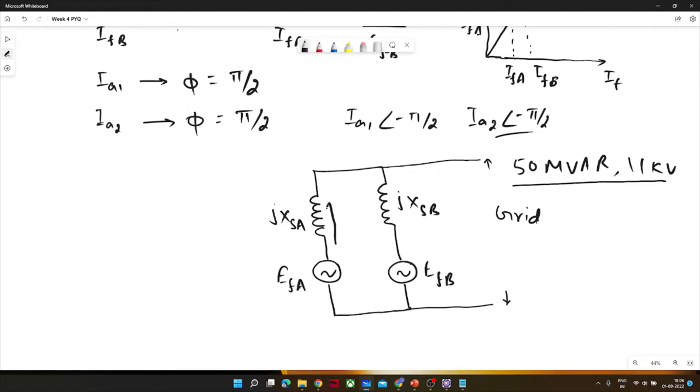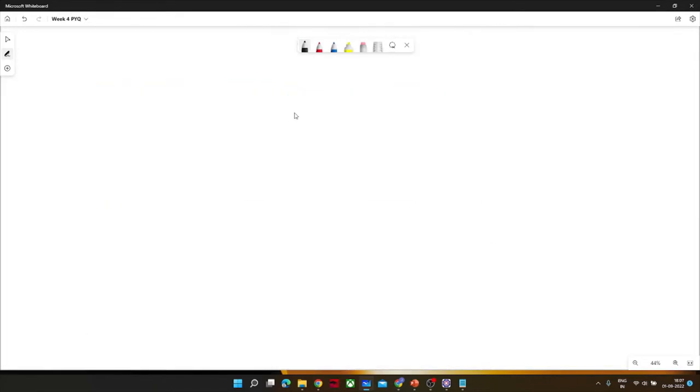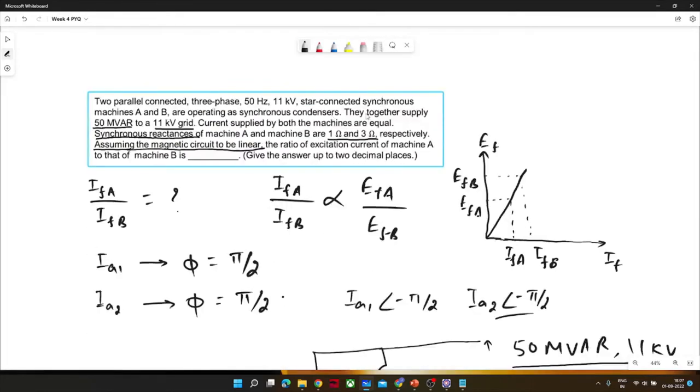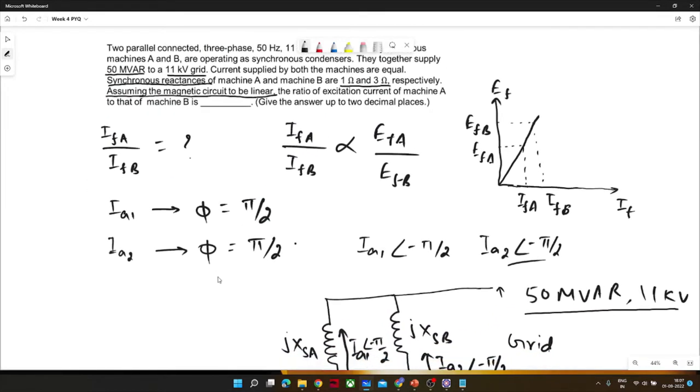Now this path would have some current IA1 angle minus pi by 2. This path would also have current IA2 angle minus pi by 2. One more piece of information: the current supplied by both the machines is equal, so we can use this statement as an equation.